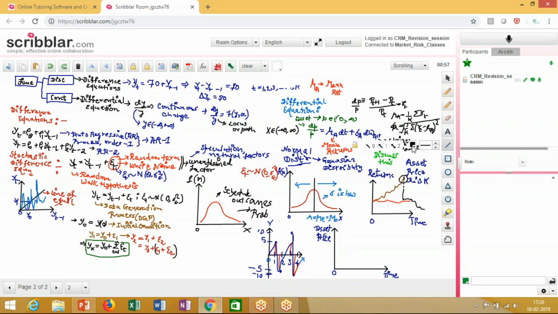So let's do it like this. This is the long run asset price or the average asset price.